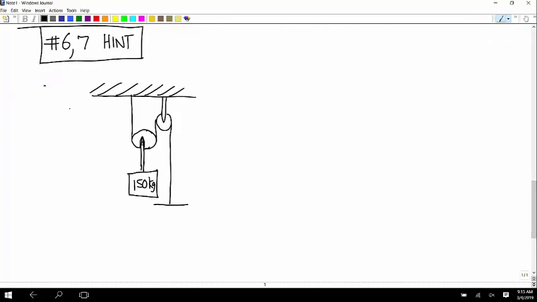And then this one has a mass of 100 kilograms. And let's say we want to know what's the acceleration of the 100 kilogram.